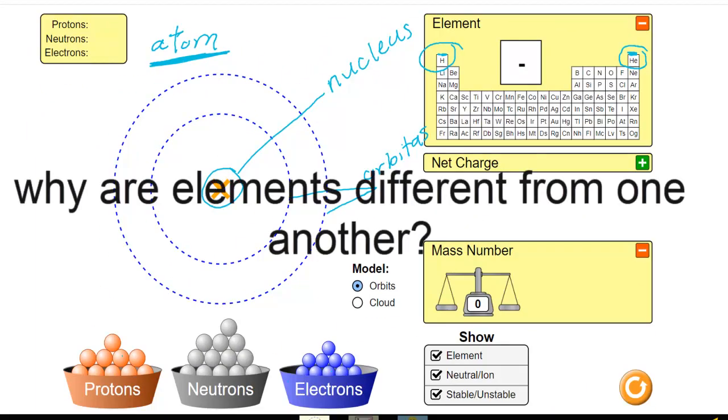So the number of protons, neutrons, and electrons is the difference between the different elements. So H and He will be different because of the number of protons and the number of electrons that they have.